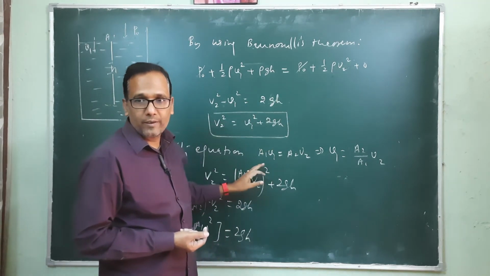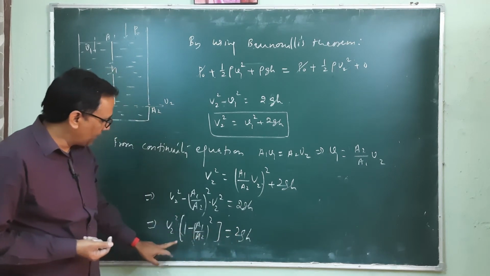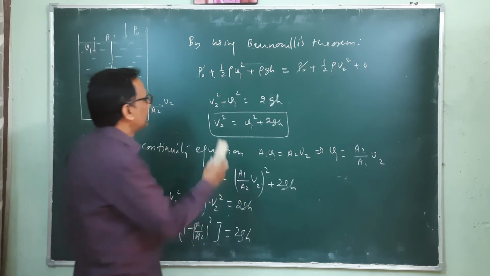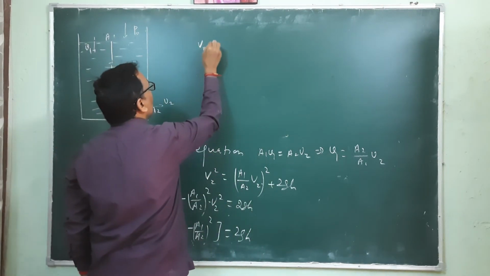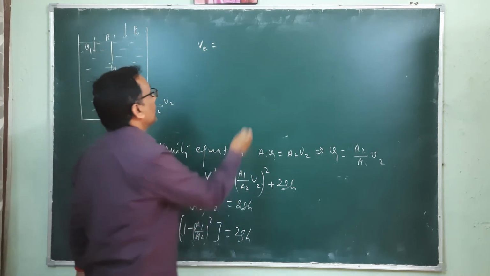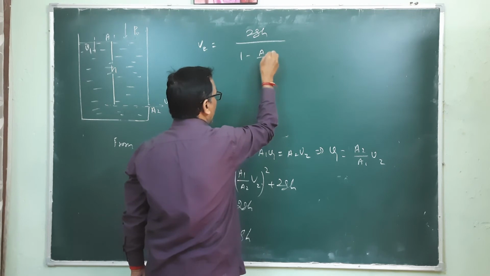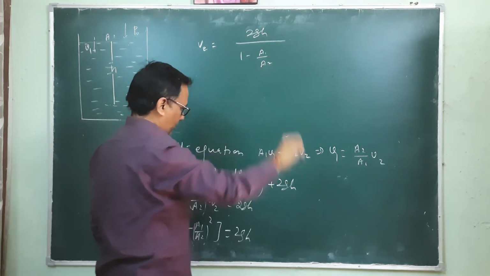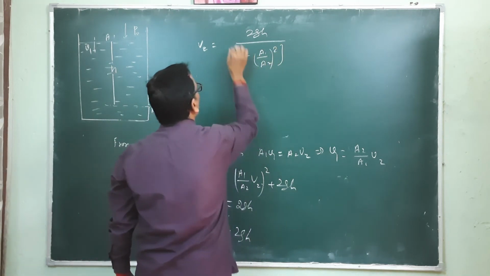So we have calculated this for V2, and we are converting those terms into area. So V2 square is equal to that, and finally we will have V2 equal to the square root of 2GH by 1 minus (A1 by A2) square.